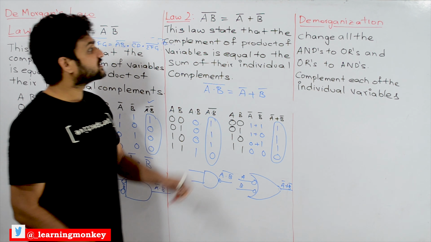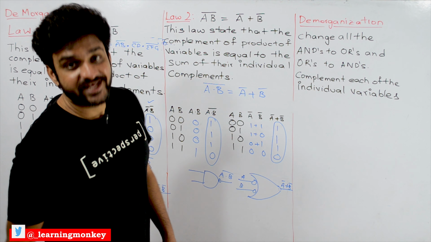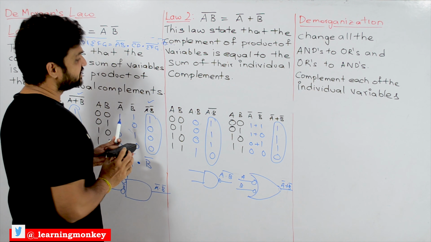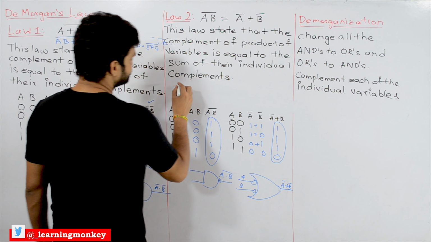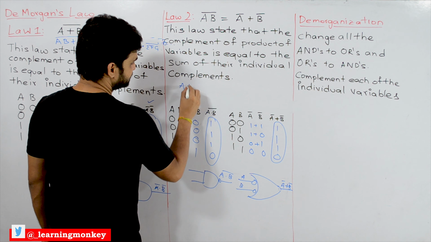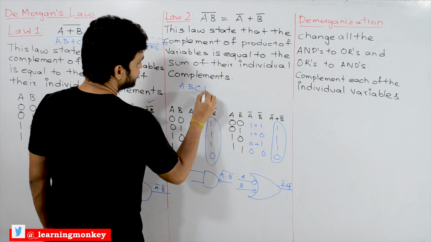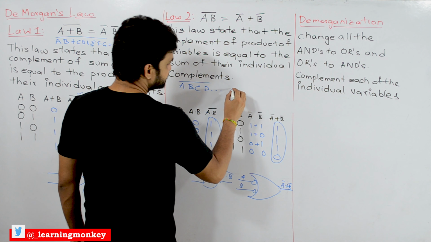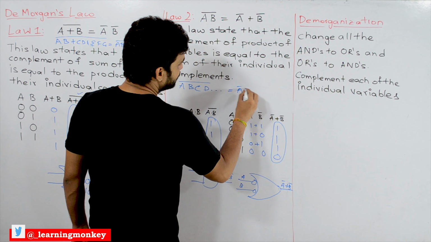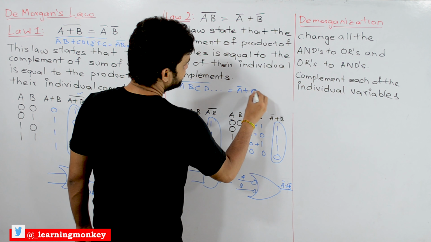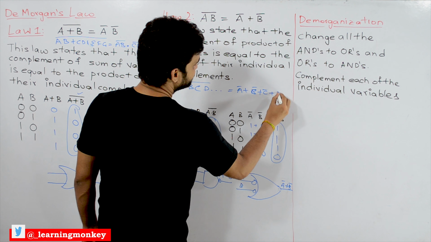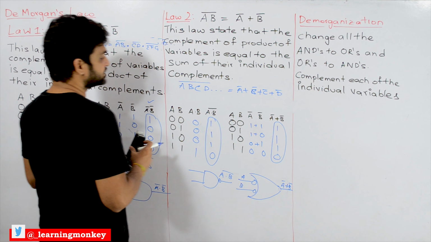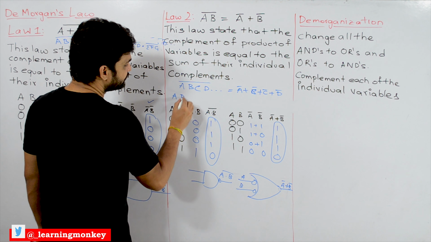Now this De Morgan's law can also be extended to any number of variables. So what does that mean? It means any number of variables or any combination of variables. If you try to find A, B, C, D and so on whole complement, this is equal to A complement plus B complement plus C complement plus D complement. In the same way, this can be extended to any combination of variables also.